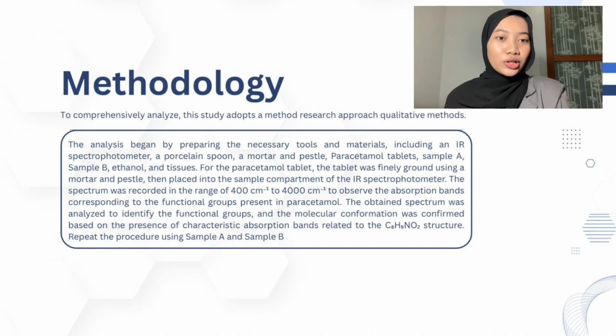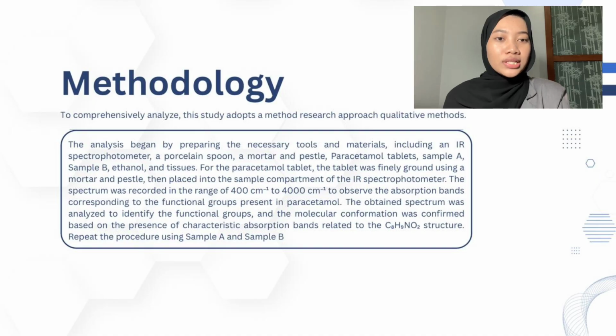Next, for the methodology, the study adopts a qualitative research approach. The analysis began by preparing the necessary tools and materials, including an IR spectrophotometer, a porcelain spoon, a mortar and pestle, paracetamol tablet, sample A, sample B, ethanol, and tissues.